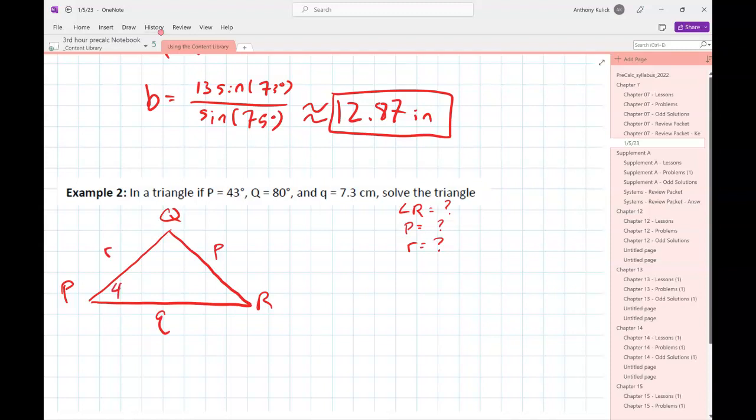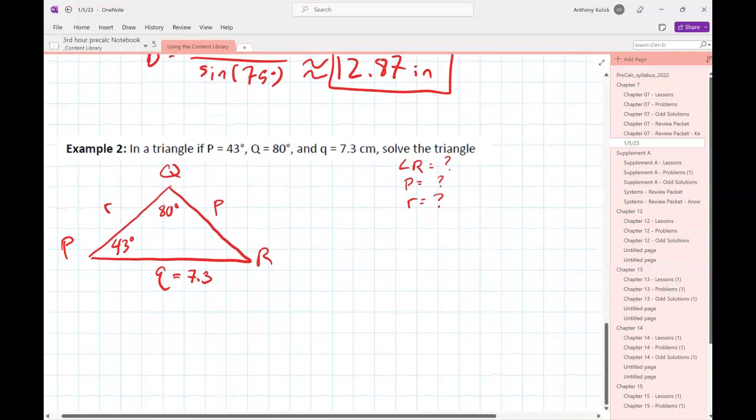And I'll label. Everybody okay with what I've done so far?